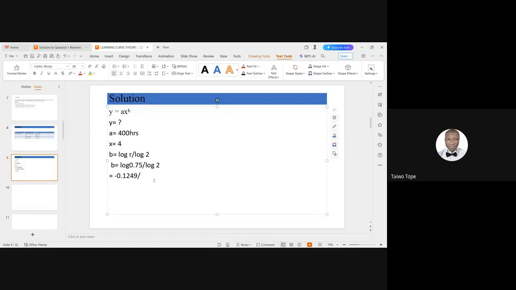Log 2 is 0.3010. So when you divide, you're going to have minus 0.4150.